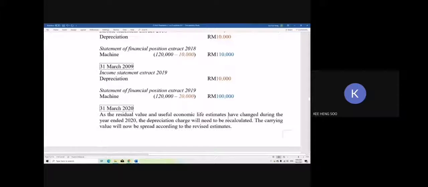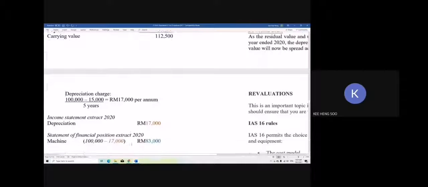Residual value changed. Life also changed at the end of 2020. So depreciation needs to be recalculated. Now you divide 100 by 15, so you get 17.